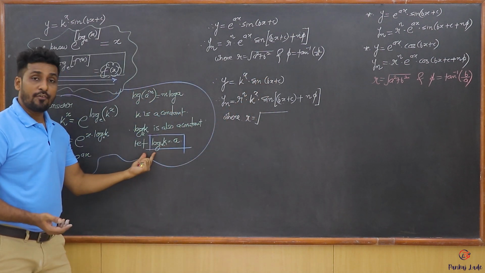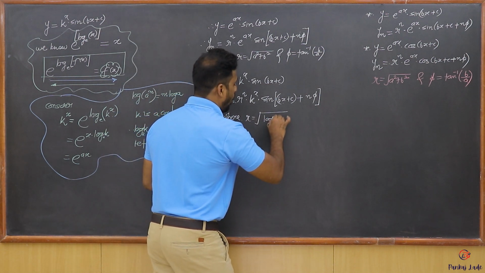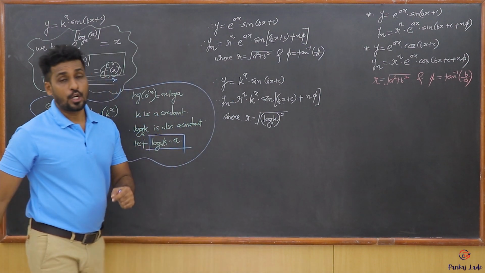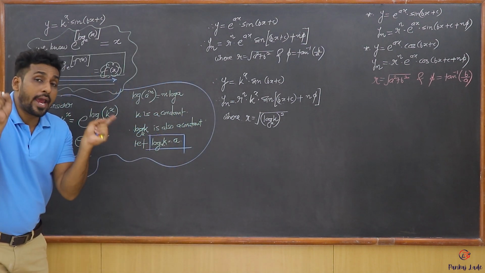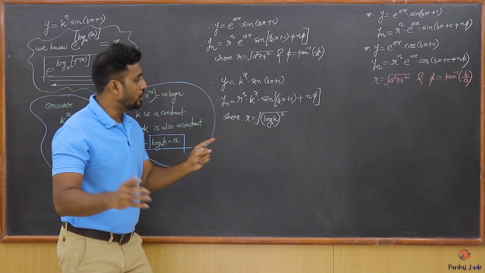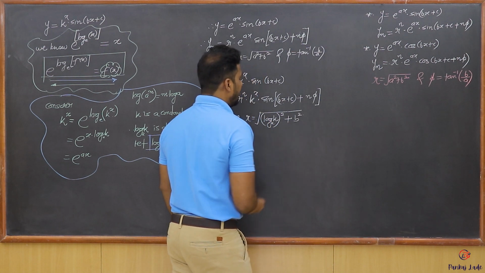But what is a that you have now? It is log of k. So I write here log of k to the base e the whole square. Now remember, log of k the whole square is not going to become 2 log k. It will remain log of k the whole square, plus of course b square.